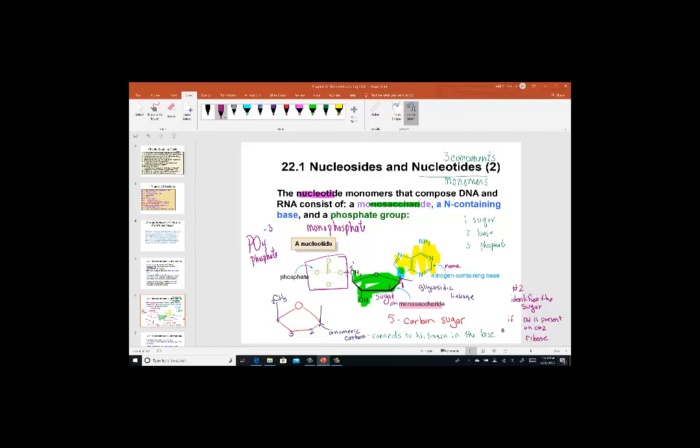But if carbon number 2 is missing the OH, then it's going to be called deoxyribose. It does not have the OH group on carbon number 2.